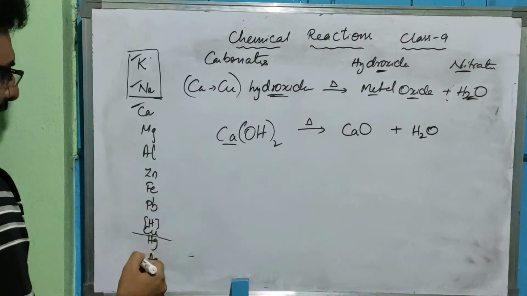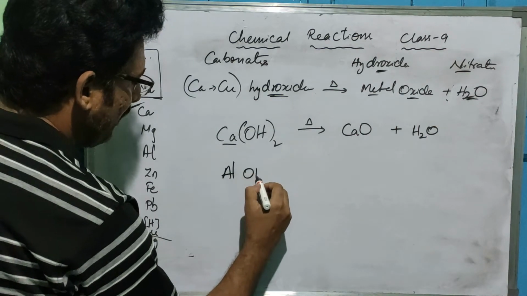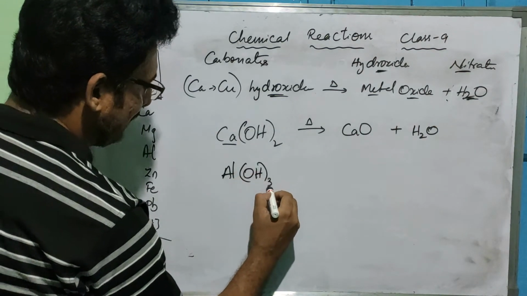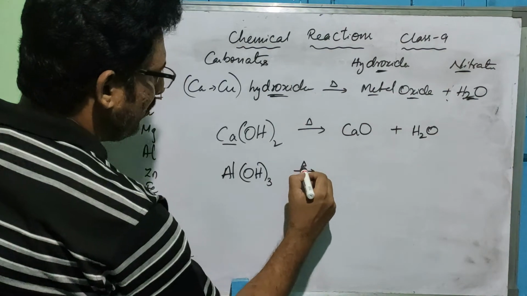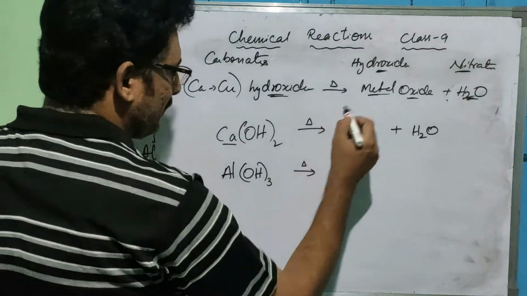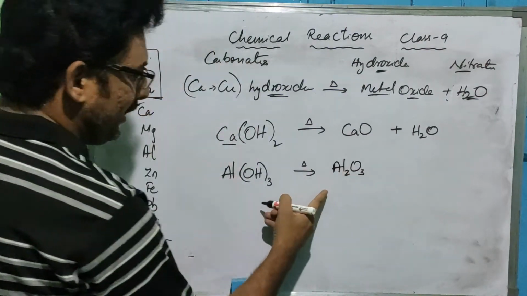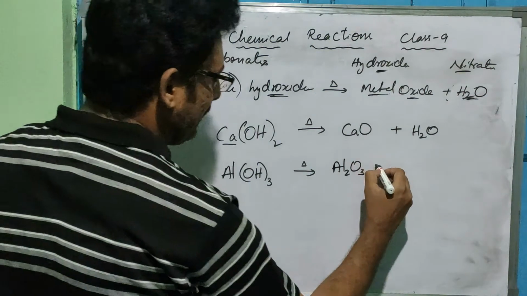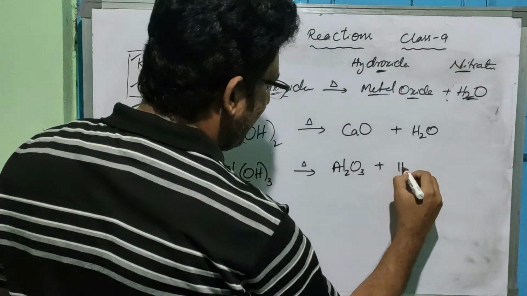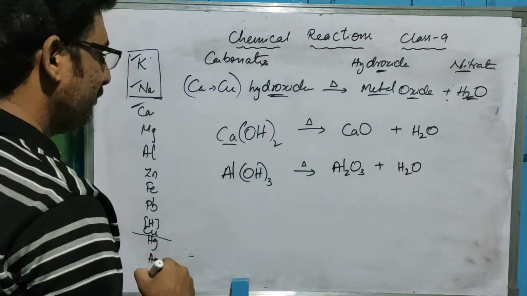Take any other metal like aluminium and its hydroxide, aluminium hydroxide, Al(OH)3, and heat it. So what are you going to get? You are going to obtain metal oxide, aluminium oxide, Al2O3, plus H2O.